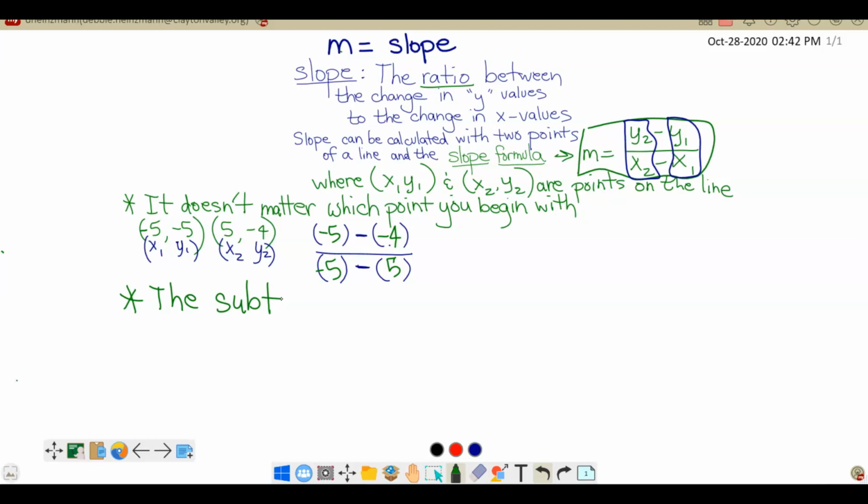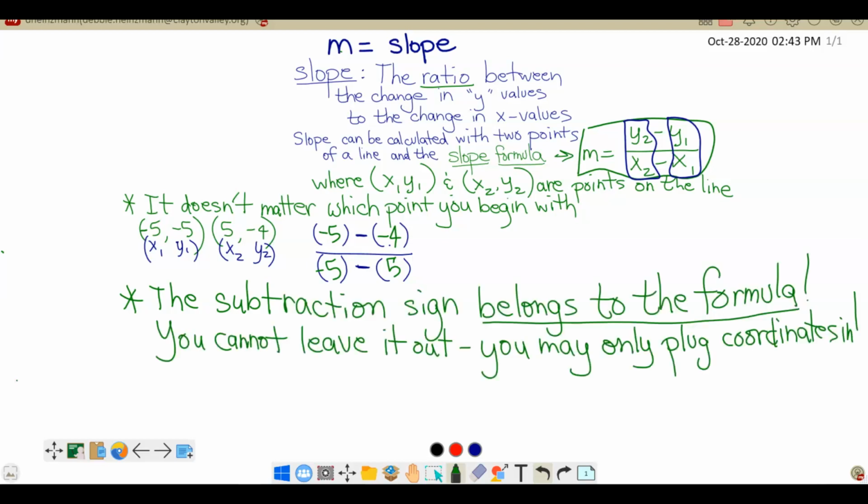Here it is written out, just like I said. These subtraction signs belong to the formula. They are always there. That's why I invite you to use this little template. You cannot leave this out or forget about it. You may only plug coordinates in like this.